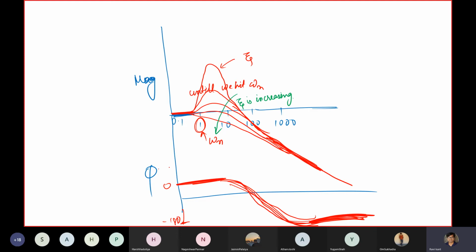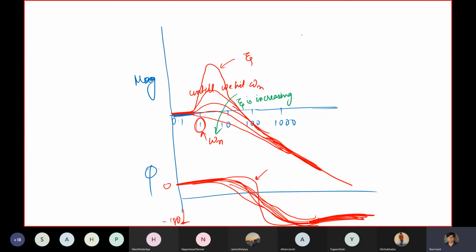Depending upon zetas, the system would be less springy.